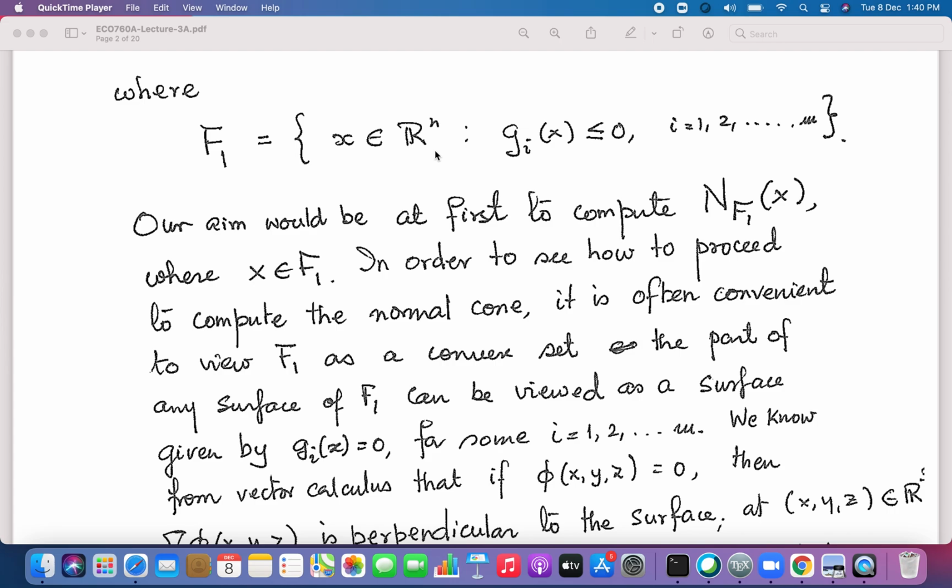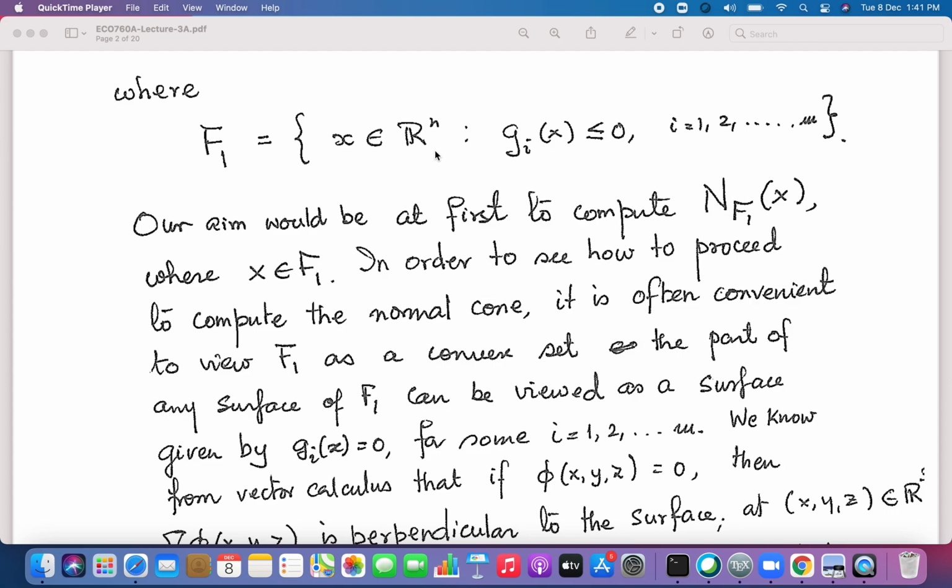Now you are looking at a point at which you want to compute some kind of normal, a point which lies on several of the surfaces, not all of them.